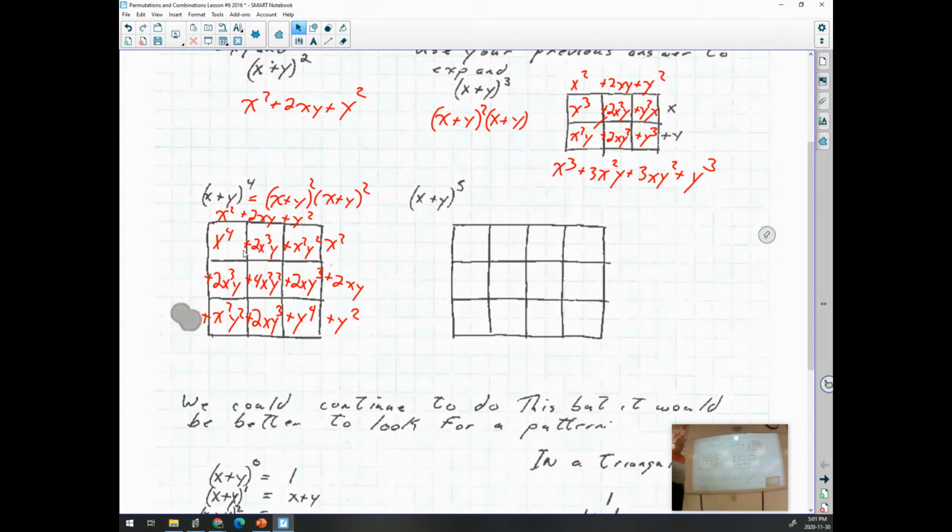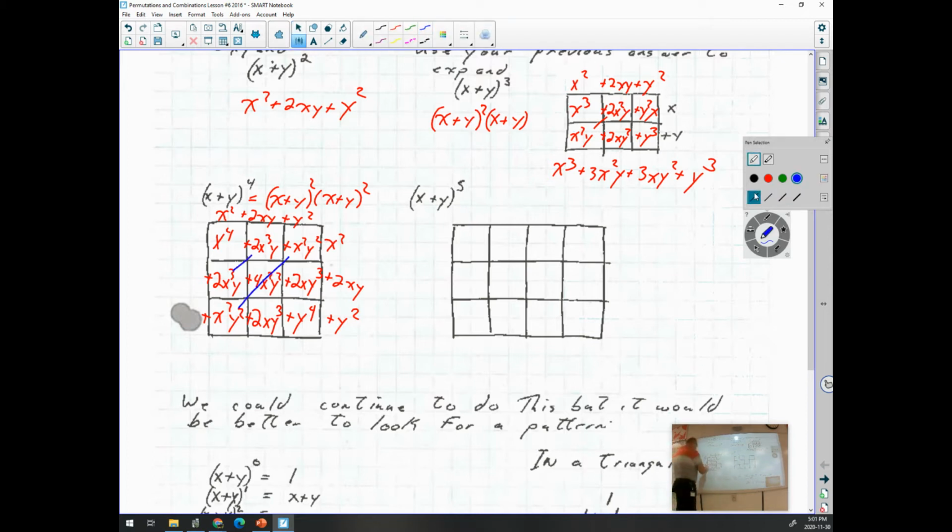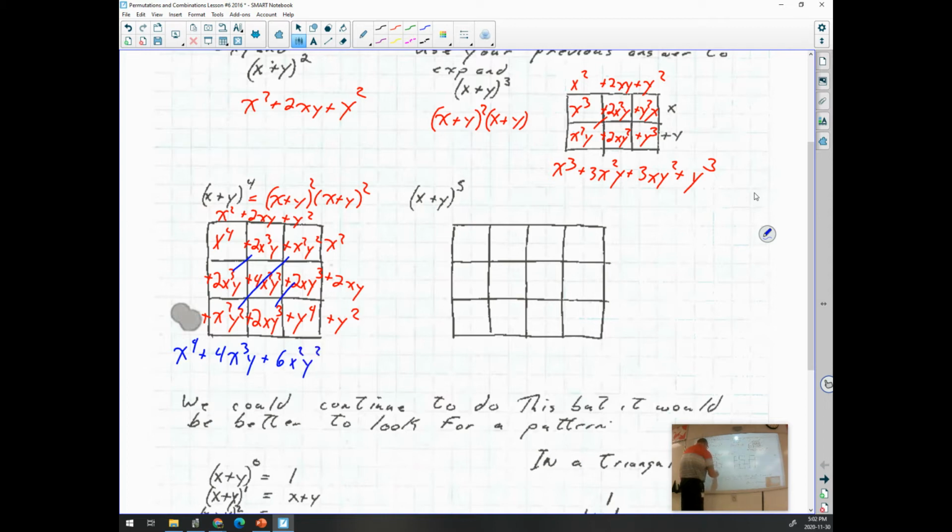And the big reason why I like the box method when I'm doing something complicated like this is that the diagonals are all my like terms. So I've got x^4 + 4x^3y + 6x^2y^2 + 4xy^3 + y^4.